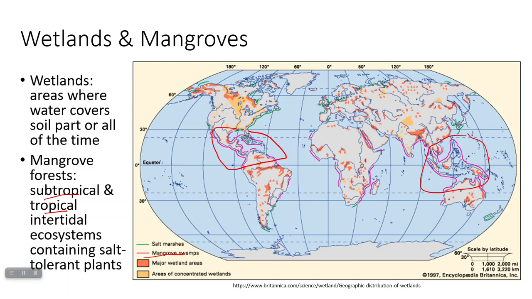Mangrove forests also have another characteristic that the plants here have to be tolerant of salt because it's an intertidal ecosystem and it's usually where ocean meets land. So mangroves are especially special because they can tolerate high levels of salt, whereas a lot of plants cannot. And so these mangroves grow in an area where you would otherwise not necessarily have thriving ecosystems.